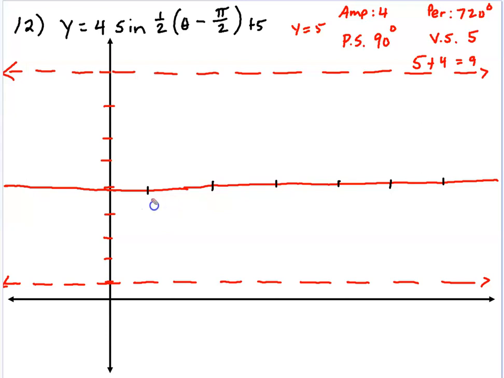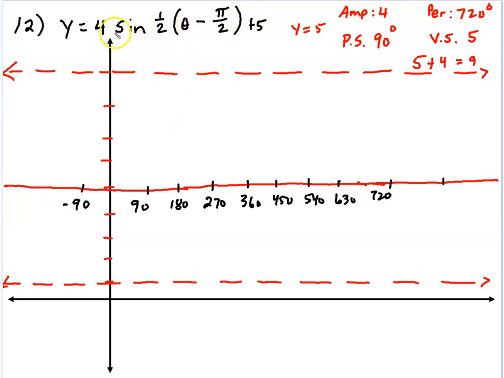I want to go through at least one complete period, so. Yeah, that'll be good enough. All right. So we've already done the vertical shift.